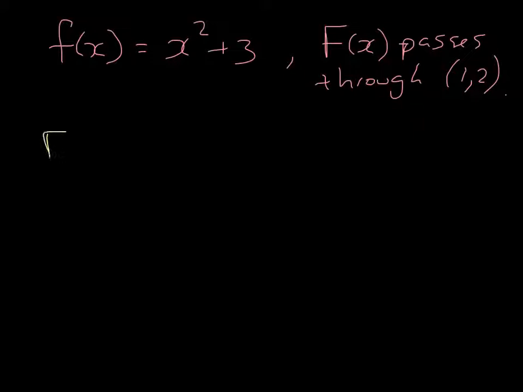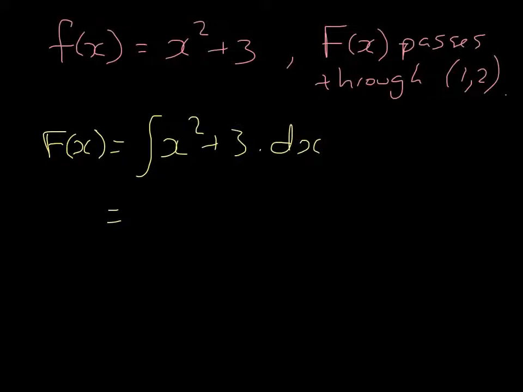So the function big F of x will be equal to the antiderivative of x squared plus 3 dx, which will equal, so we go 2 plus 1 is 3, so x to the power of 3 divided by 3 plus 3x, so that'll be x to the power of 1 plus c.